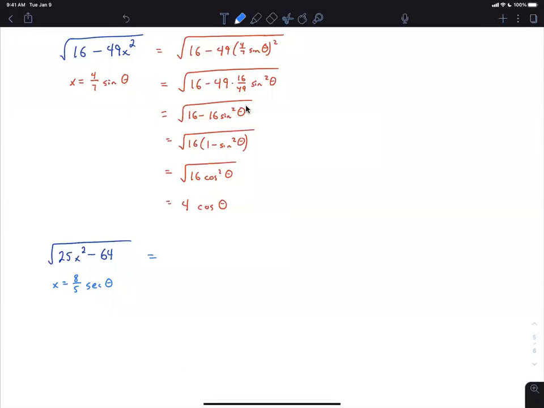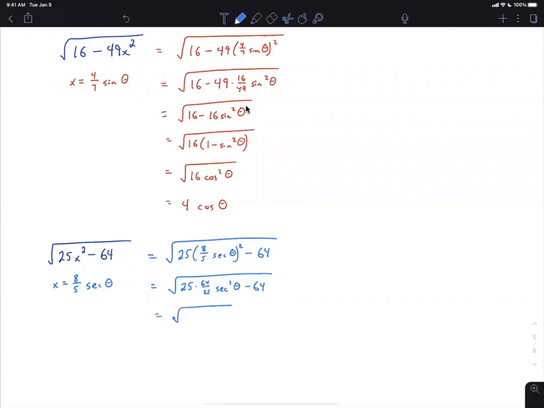And now if I do that, I rewrite this and I get 25 times 8/5 secant theta squared minus 64. I square that, so I get 64 over 25 secant squared theta minus 64. The 25s cancel.